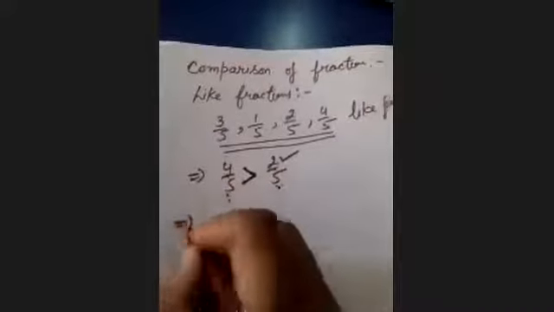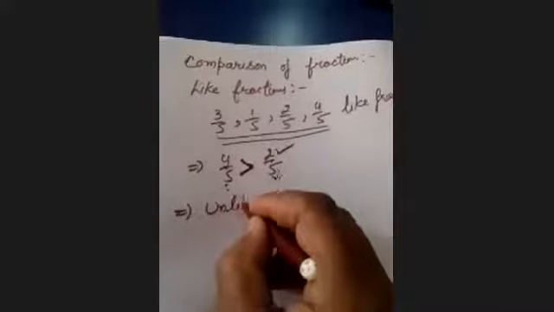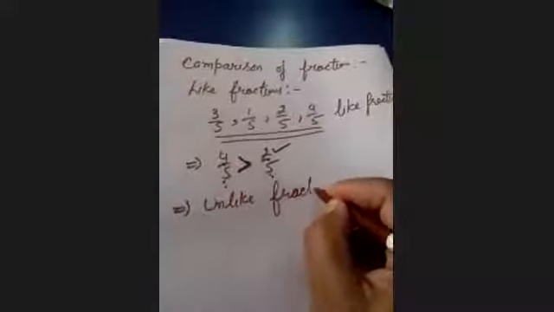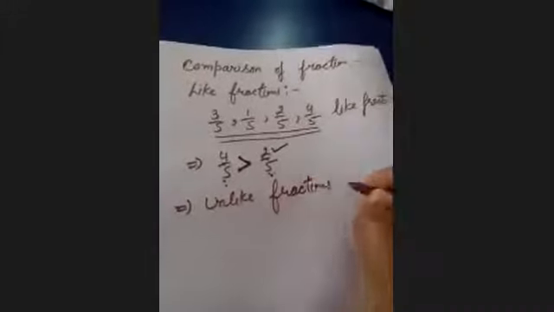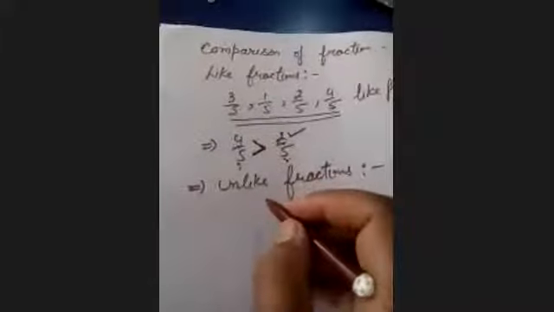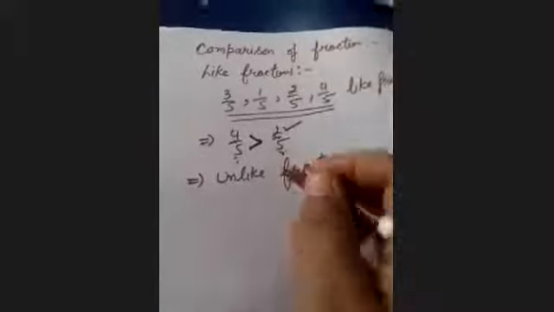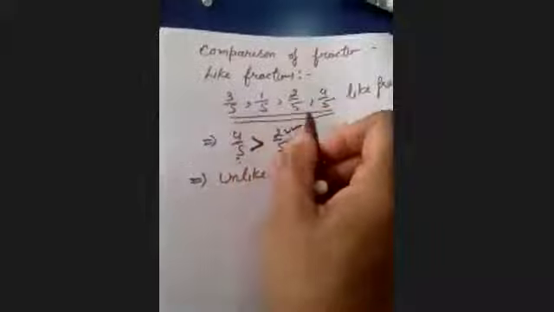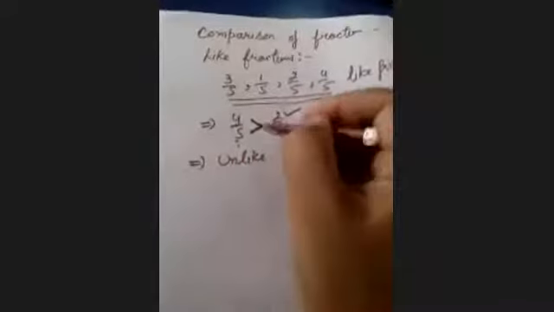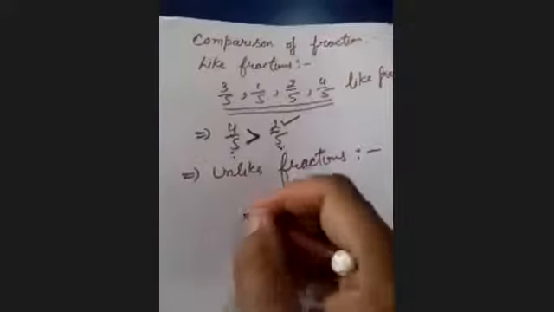Clear, students? Second is comparison of unlike fraction numbers. Unlike fractions are those fractions where the denominators of two or more fraction numbers are different.